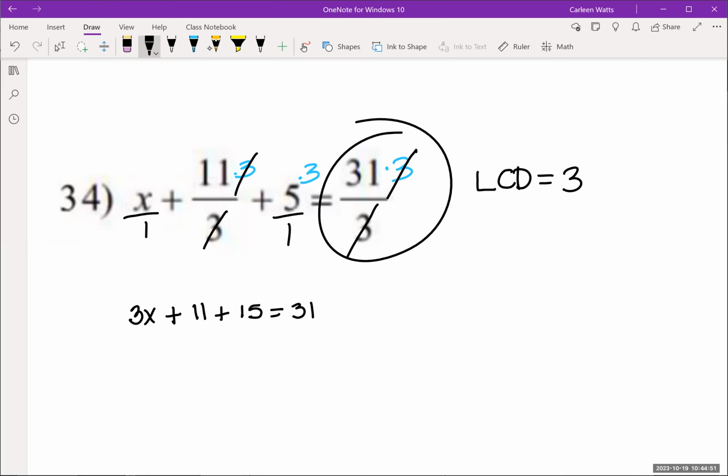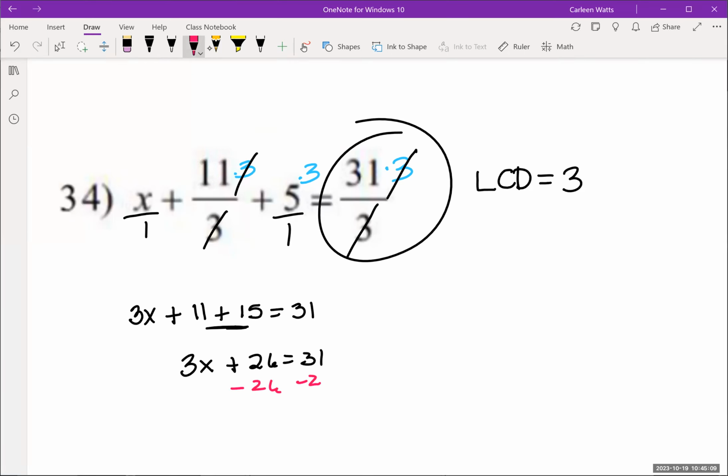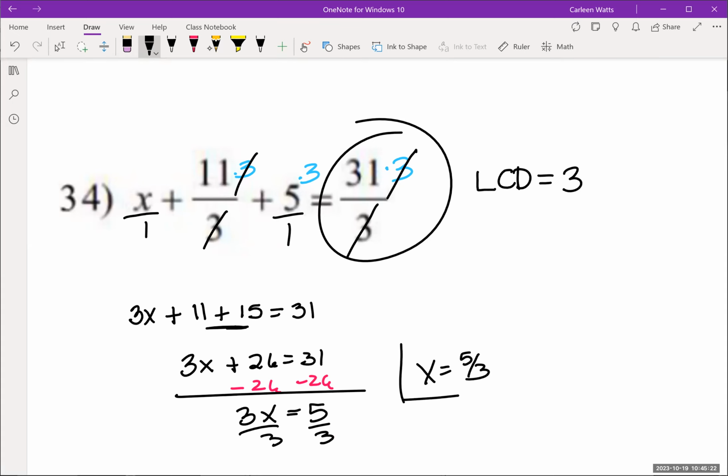Okay, clear the denominator method. So add these together. 26 is equal to 31. Minus 26. 3x is equal to 5. Divide by 3. X is equal to 5/3.